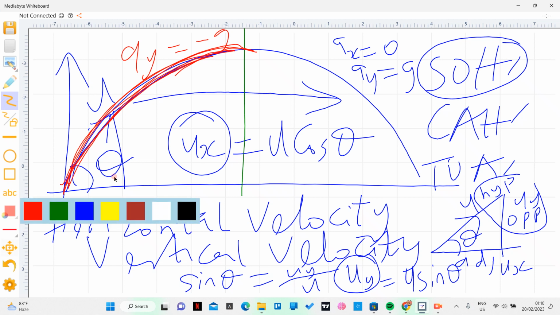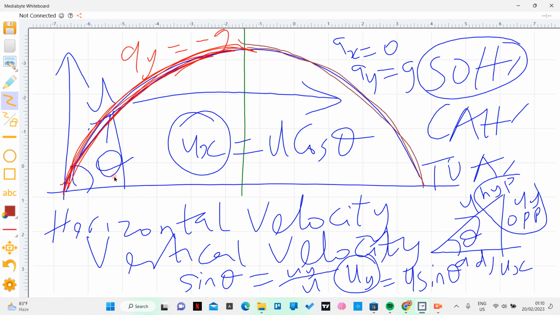Now from this point downwards, your Ay will be positive because it's going downwards, in the same direction as gravity. So your Ay in this place will be plus g, and you know your g to be 10 ms raised to power minus 2, or you can also say 9.81.